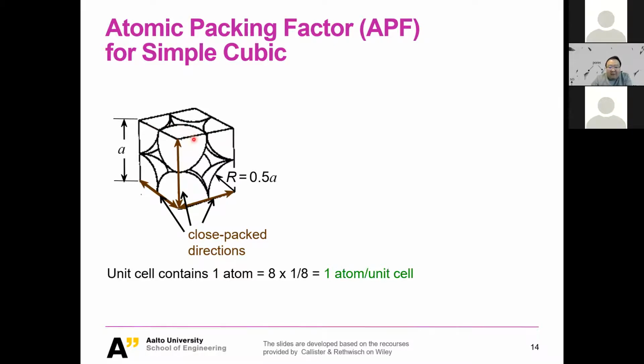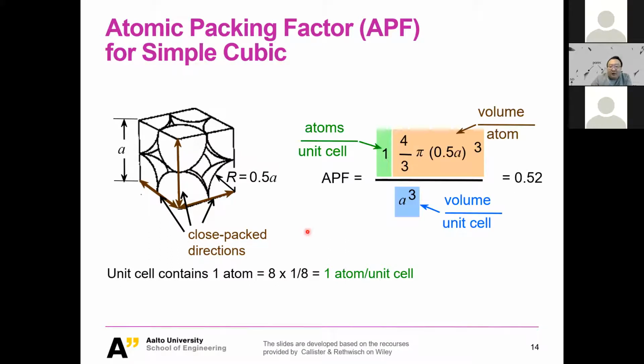Because we have basically 8 parts of an atom here, but each part is not the full atom, as we already spoke about. This part is shared by 8 adjacent unit cells. That's why this is only 1/8 of an atom. So if you just calculate 8 times 1/8, then you get a full atom. So you have 1 atom per unit cell.